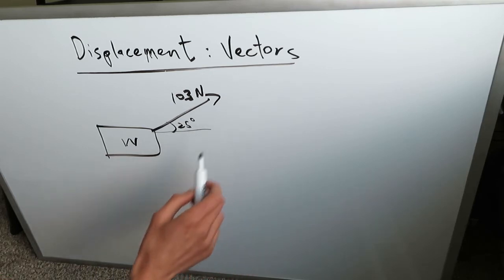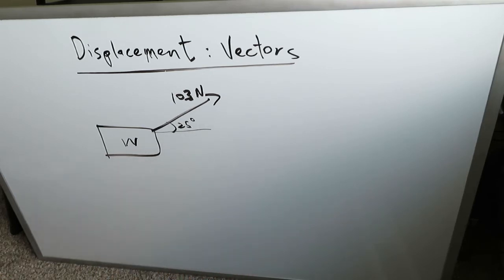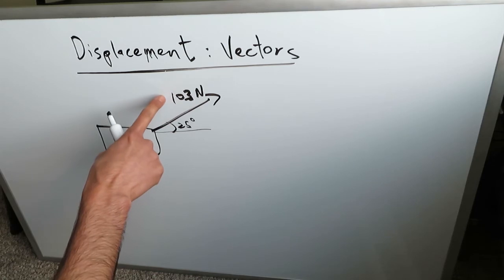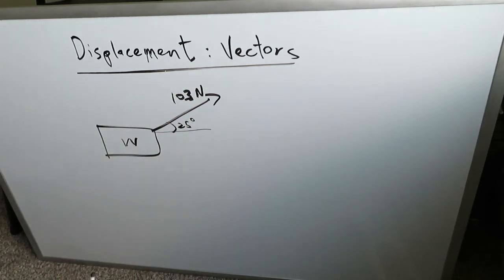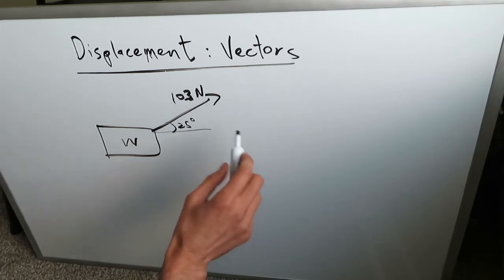Your goal over here is only to determine the horizontal and vertical components of this vector. This vector has a certain magnitude, 103, and a certain direction, 25. And we have to just break it down into its two component vectors, the horizontal and the vertical.